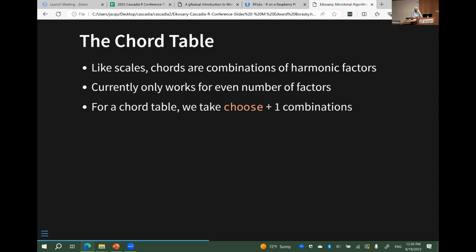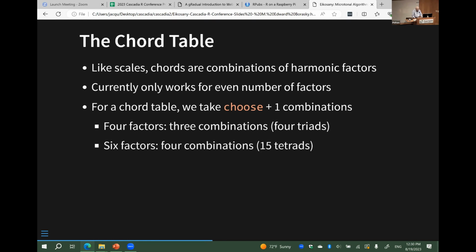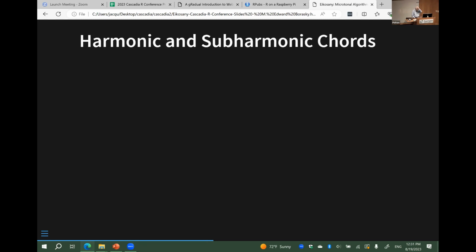For a chord table, you take choose plus 1 combinations. So for 4 factors, choose was 2, so you have 3 combinations, so there's 4 triads. And for 6 factors, there's 4 combinations, 15 for tetrads. You can get these numbers off of Pascal's triangle.